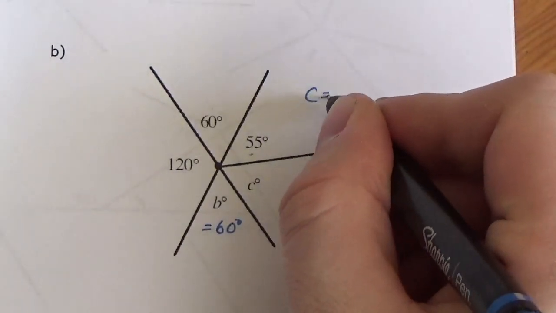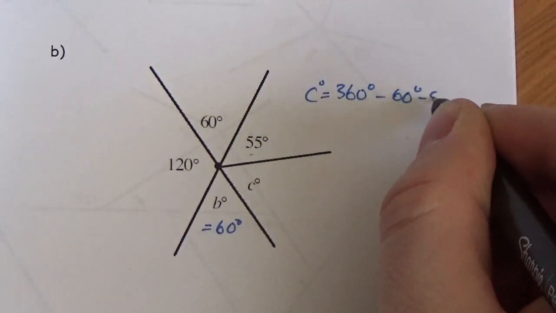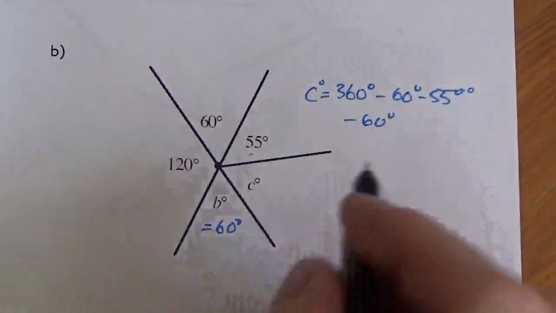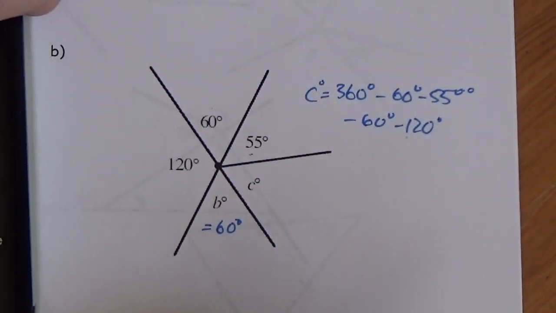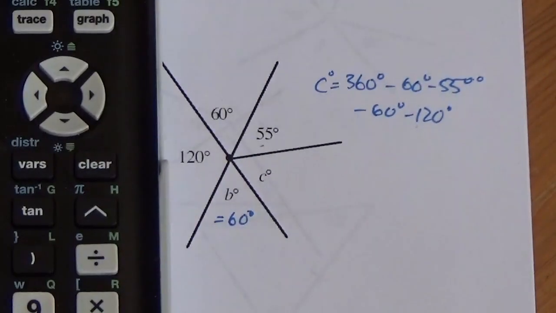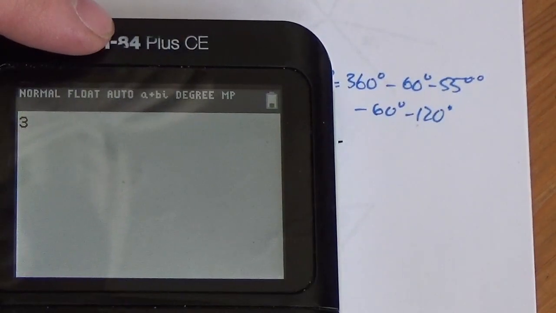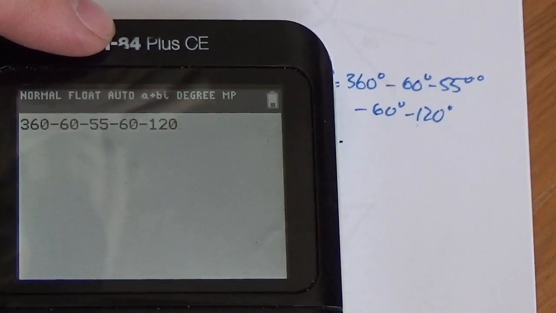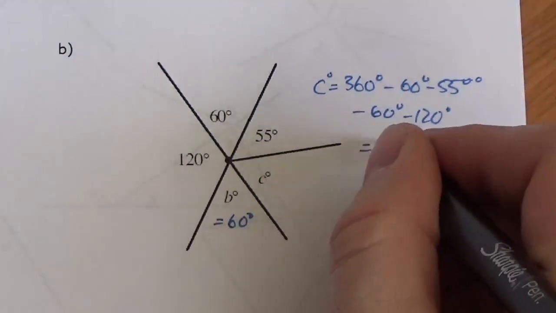I know that angle C must be 360 degrees minus 60 minus 55 minus 60 degrees for the angle B here, minus 120 degrees. So now I'll go to my calculator and plug that in: 360 minus 60 minus 55 minus 60 minus 120, and we get 65. So angle C has got to equal 65 degrees.